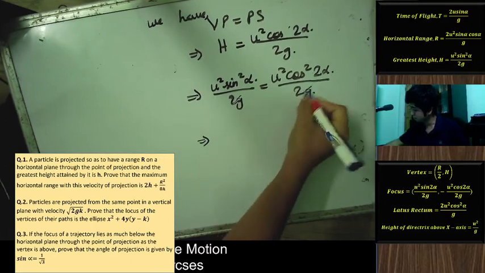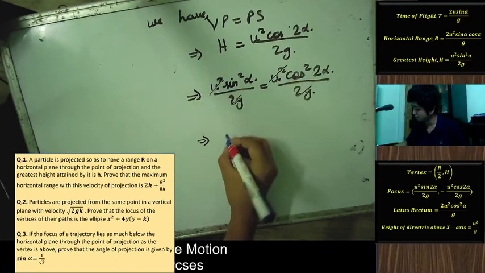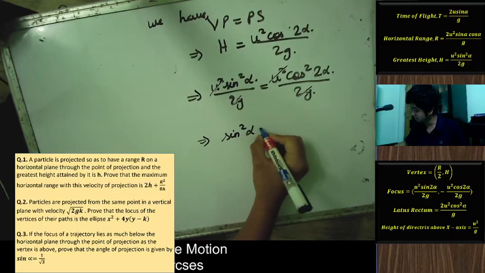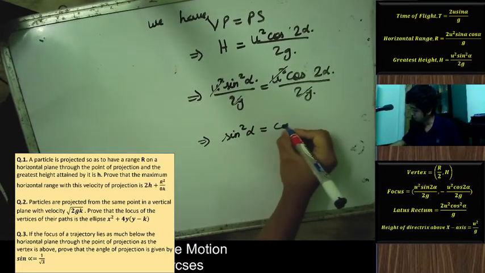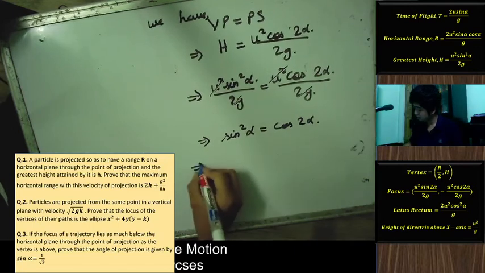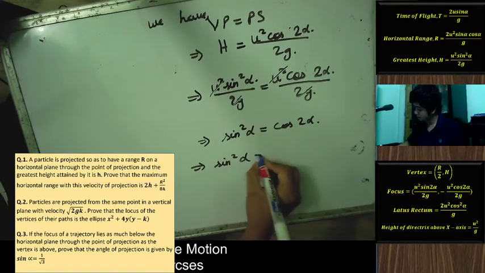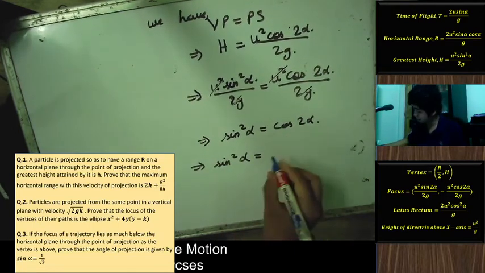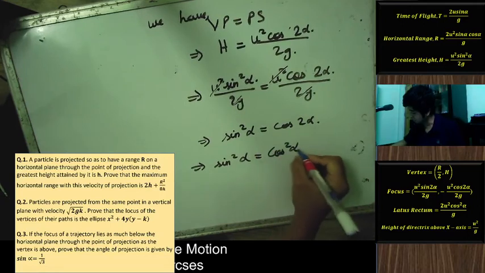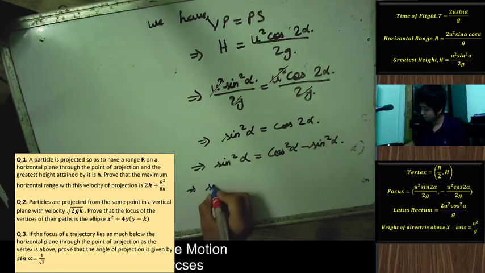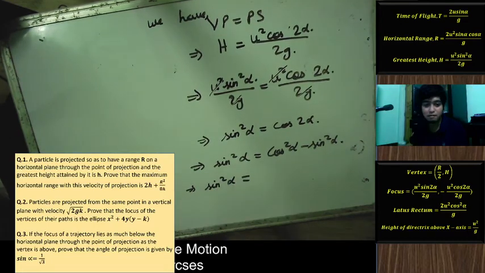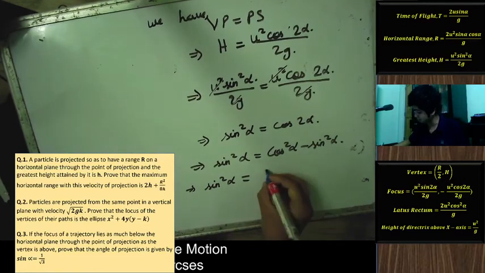So 2g and 2g will get cancelled, and u squared and u squared. So we will be having sine squared alpha equal cos 2 alpha. But cos 2 alpha you can write as cos squared alpha minus sine squared alpha. Again, we are interested in sine, so we convert cos into sine.